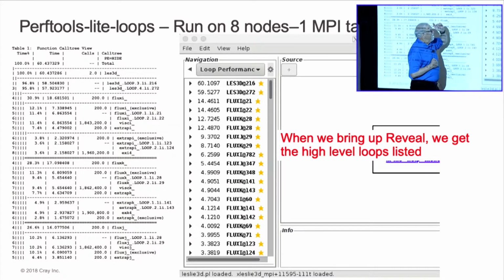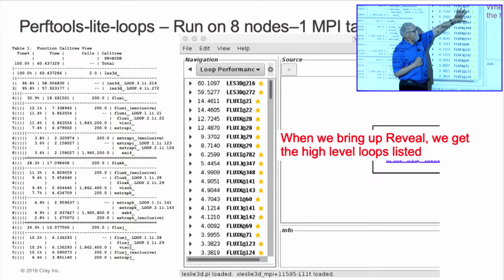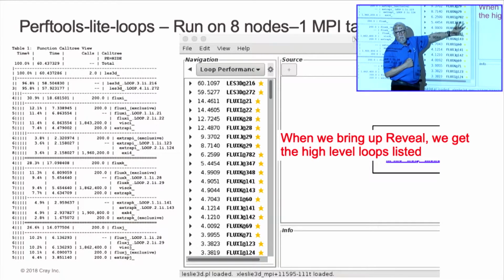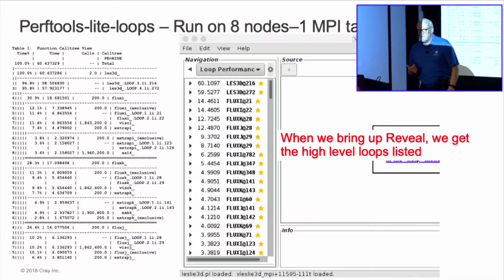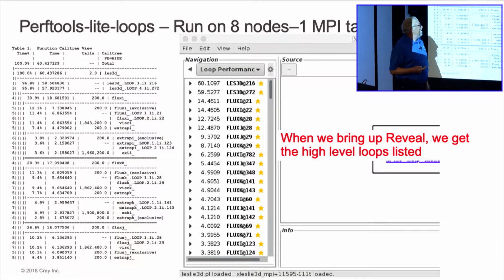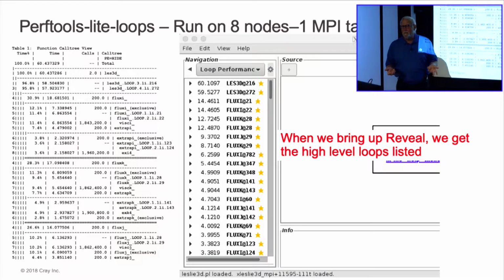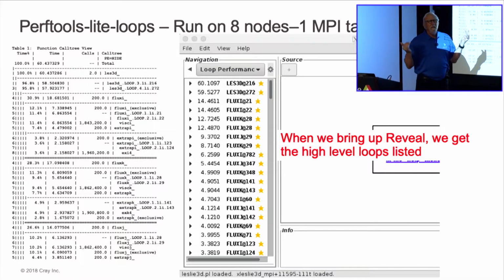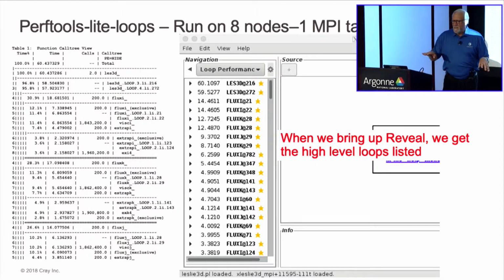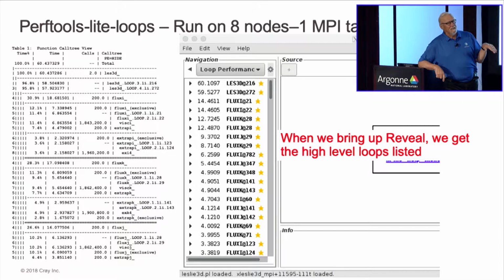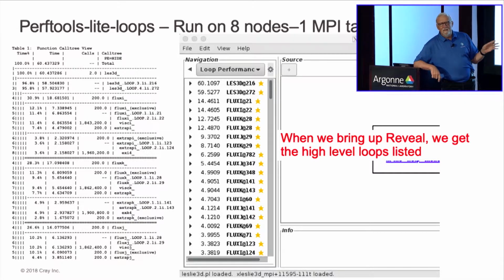And what comes up here is a list of all of the loops in order of how important they are. Now, Reveal tries to do a really stupid thing. It does an initial analysis and it says, wow, we should analyze that loop.